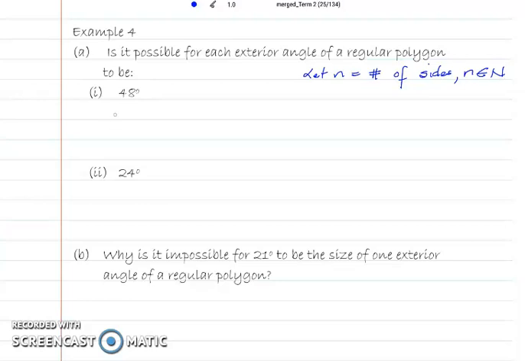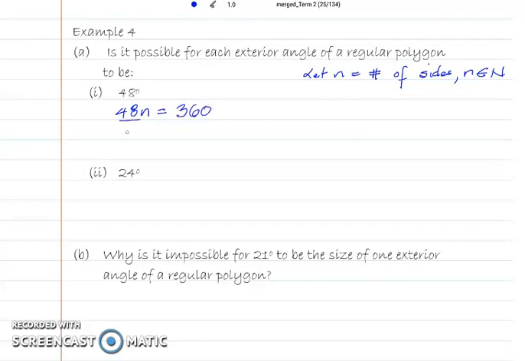So 48n. Why? Because the shortcut for adding n 48 times is just to multiply n by 48. So this is equal to 360 degrees.